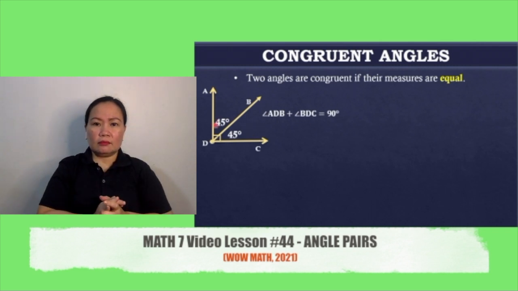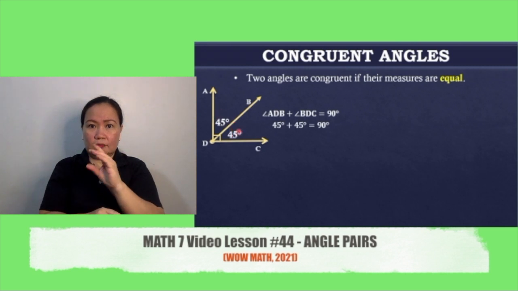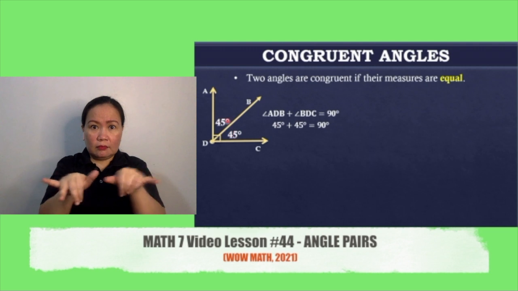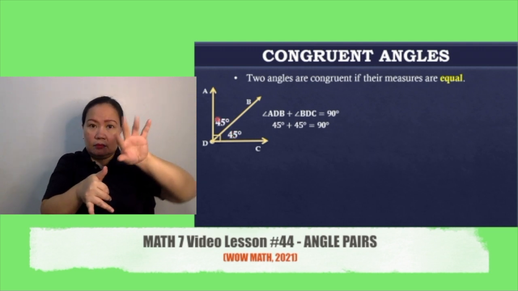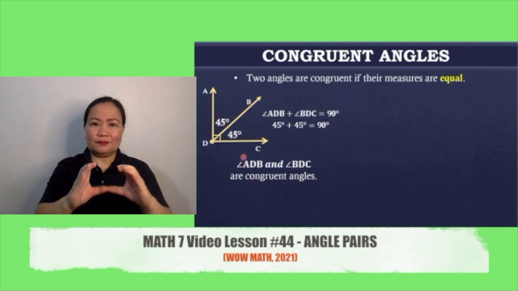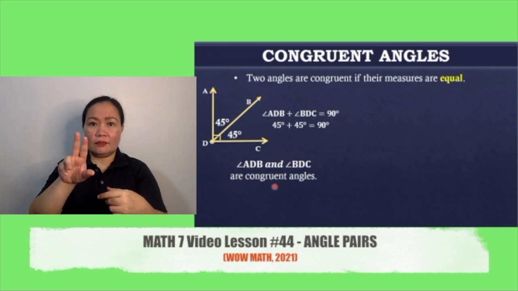So, as you can see, pareho silang 45 degrees. Okay? So, pag nakita po natin na pareho ng sukat, ibig sabihin, they are congruent angles. So, therefore, angle ADB and angle BDC are congruent angles.